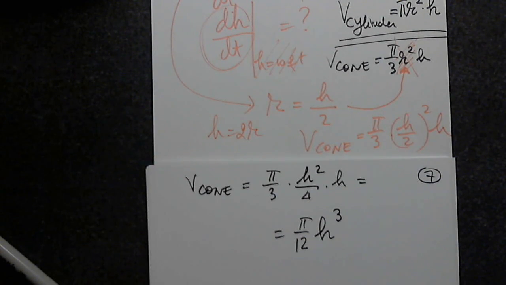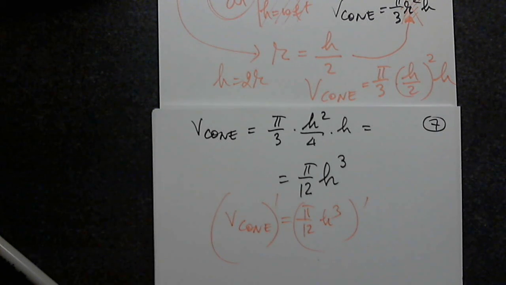Okay, now we're ready. We're ready for what? Yes, so we differentiate. So let me write it one more time. We differentiate the left and we differentiate the right. But we have to keep in mind one thing, that V is a volume and it depends on time. It's a function. And h is height. It depends on time. It's a function. So the left-hand side is, that's it, dV over dt.